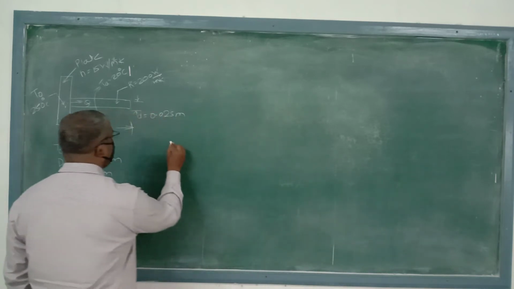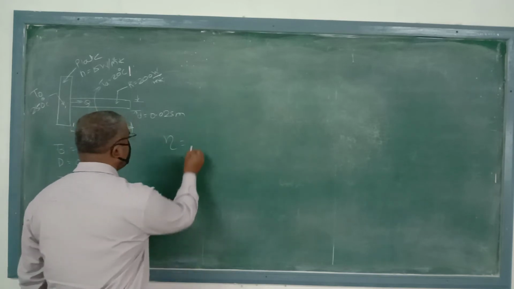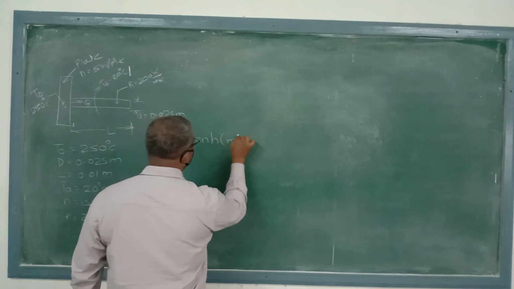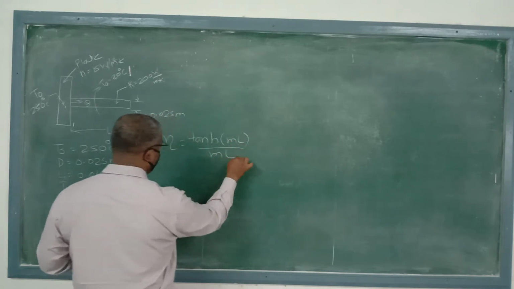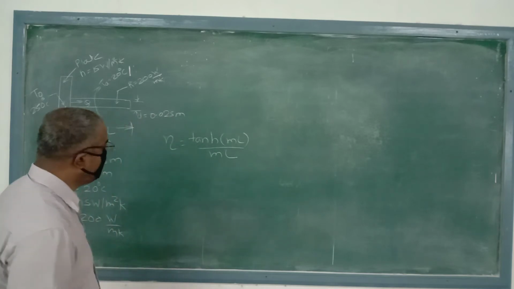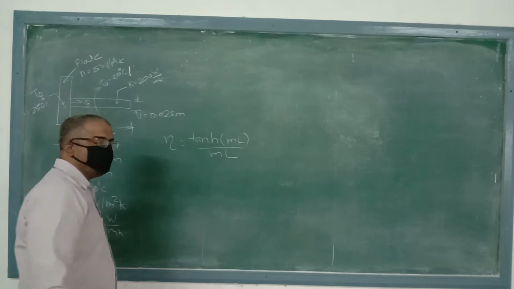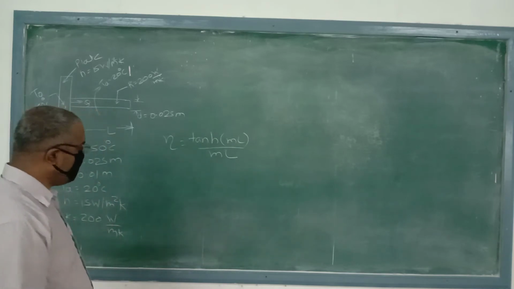We have the formula, efficiency for the fin is equal to tanh(ml) upon ml. Okay, so we know that the efficiency formula for the fin is tan hyperbolic of ml upon ml.